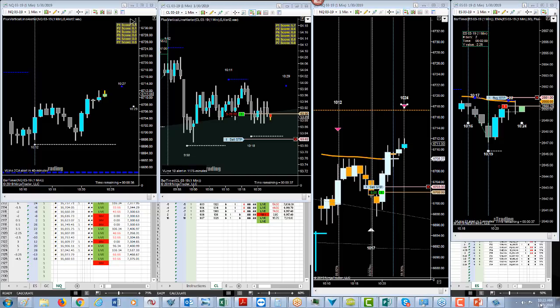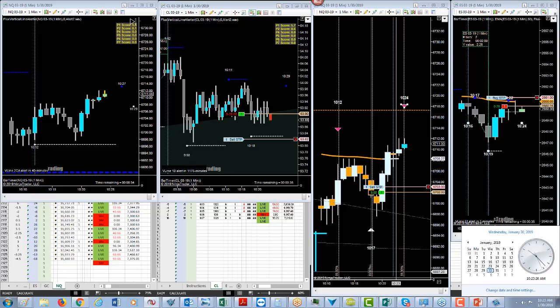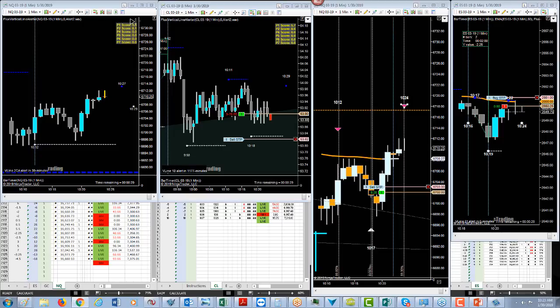See what the NQ does. We've got 35 seconds left. Can't lose money on the trade. We're locked in. This looks like a false breakout above the moving average.